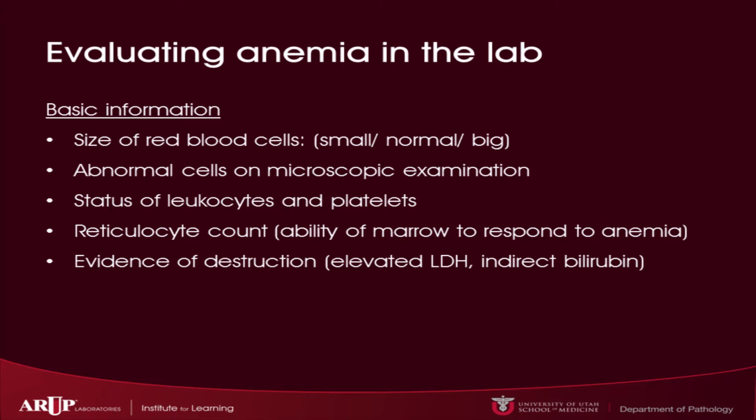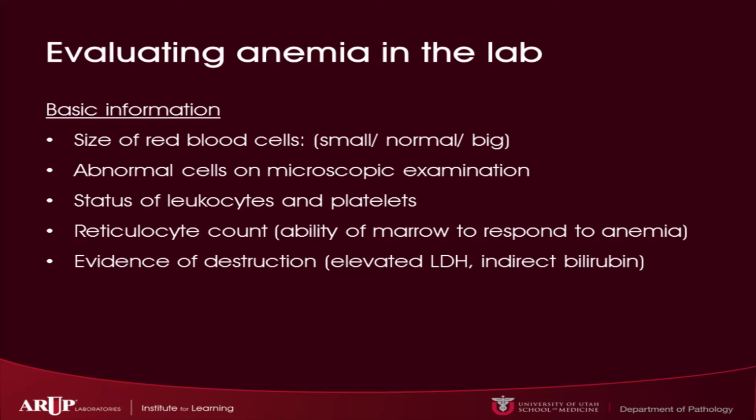The reticulocyte count gives us an idea about the ability of the bone marrow to respond to anemia. Again, we'll discuss that in a little more detail when we talk about the causes of normocytic anemia, as this becomes really important to know how the bone marrow is functioning.